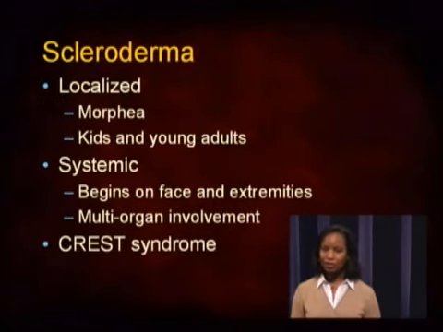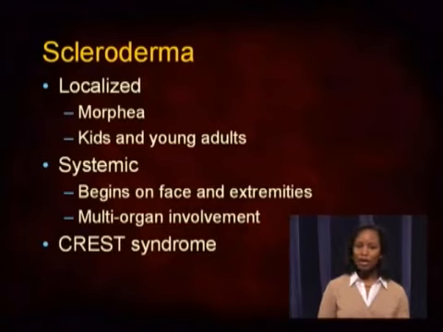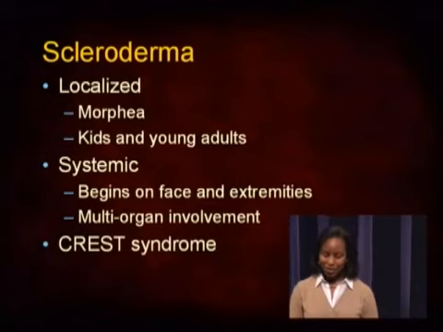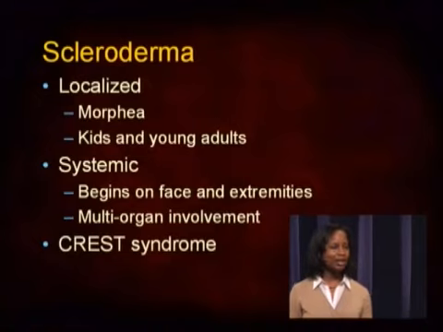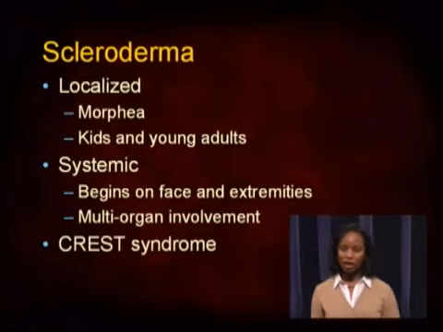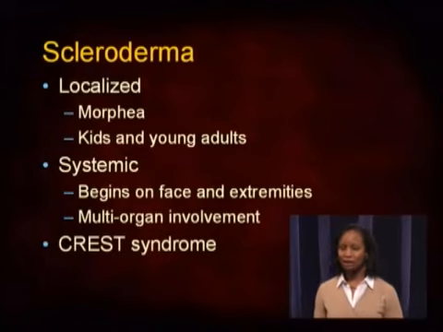So we'll move now from discoid lupus to scleroderma, another thing that you heard about in rheumatology, but has some good cutaneous findings. Scleroderma can be localized, in which case we call it morphea, and that's seen more commonly in children. It usually has a pretty benign course where it ultimately burns out.